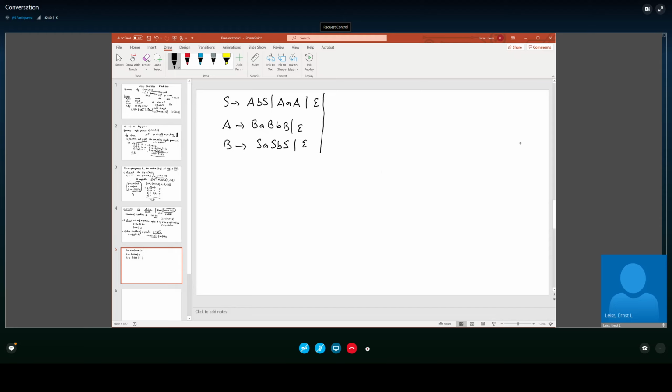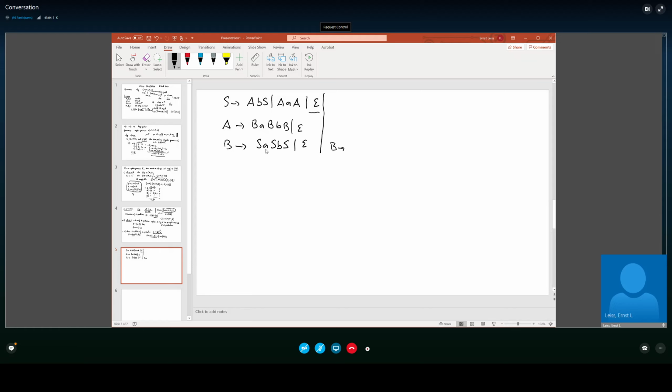So let's look first at the elimination of S goes to epsilon. There is only one production where S occurs on the right-hand side, and so that gives us B goes to, well, there are 3 S's. Now, for each of those 3 locations, we either replace the S by epsilon or we don't.